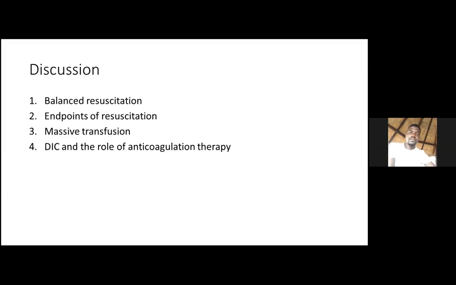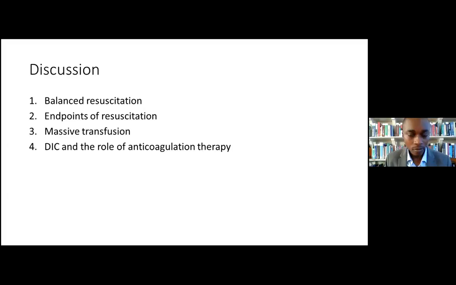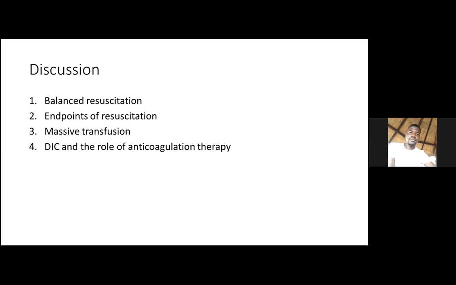All right, that's fine. So with the patient who is in DIC, initially we want to address the cause of the DIC. Then, as we have seen in our patients, we have given tranexamic acid to try and stop the hyperfibrinolysis.